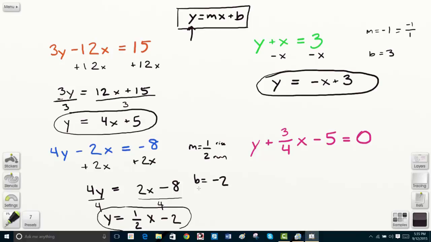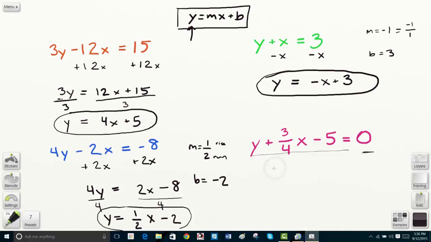All right, just for good measure, let's finish with our last example. In this case, I have everything over on the left side and nothing on the right side. So I need to move everything except the y over. So the y can stay, but the other terms need to be moved over.